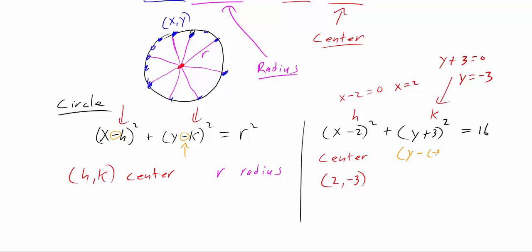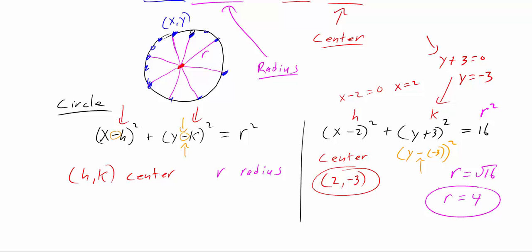This is showing us that because the negative sign is already in the equation, our 3 must be negative, because the two negatives make y plus 3. And that's why up here we can simply solve by setting that expression equal to 0. So there we have a center of 2, negative 3, and then the radius, because this is equal to r squared, r must be equal to the square root of 16, which is simply 4.